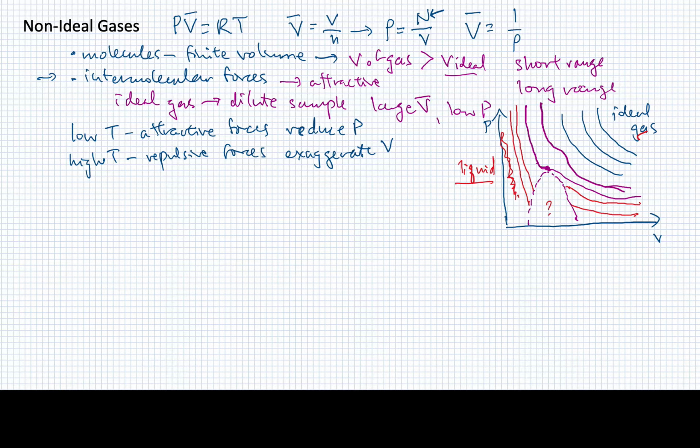And this is what happens in real gases, that is to say non-ideal gases: they can make this transition from being more or less ideal over in the upper right to essentially not being a gas anymore at all. They're a liquid now, which is still a fluid state, but it's a different sort of fluid state. So what we're going to try to understand in this module is what's happening in here.